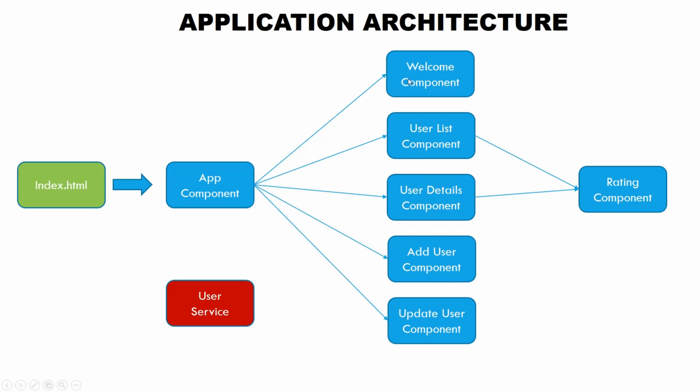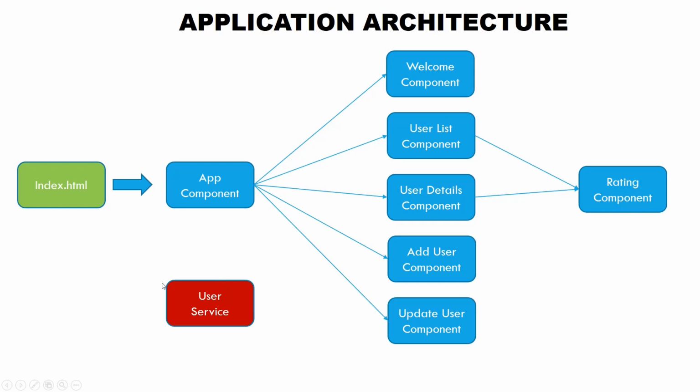That is our first component, and then the user list component, then the user detail, then the add user component, then update user component, and the rating component, that is the nested component that is shared between the two major components, the user list component and the user detail component. All the components will get the data from the user service, highlighted in red.